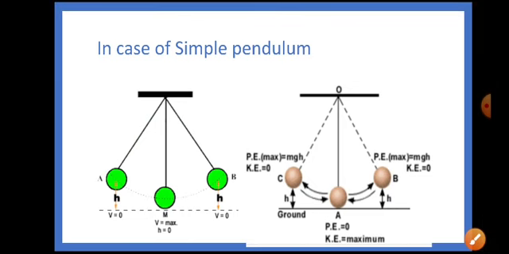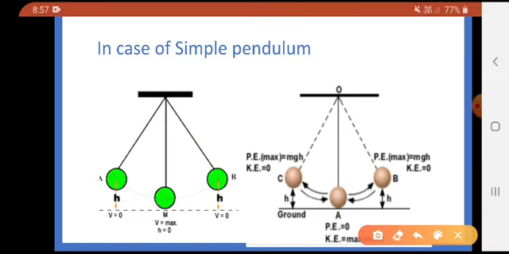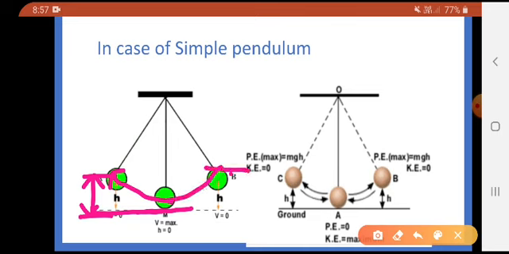Pull the bob and release it. Then from its reference point, it goes to a certain height. This will be the maximum height it can reach on either side. Beyond this, it does not move.